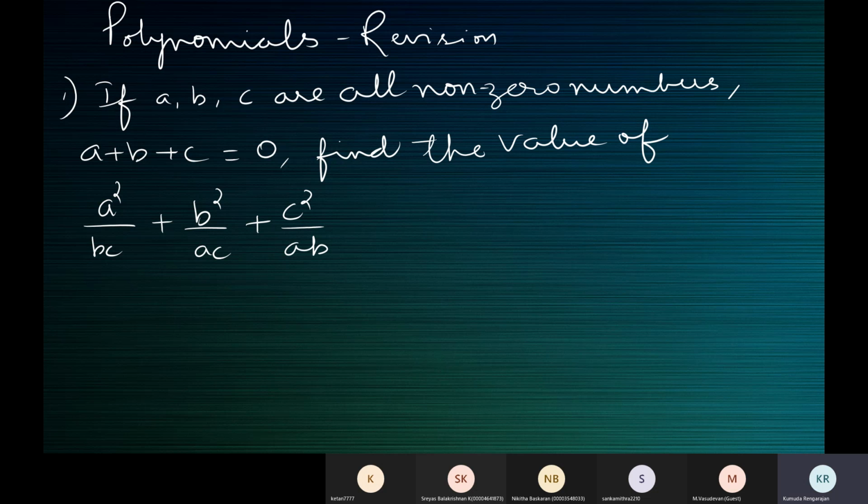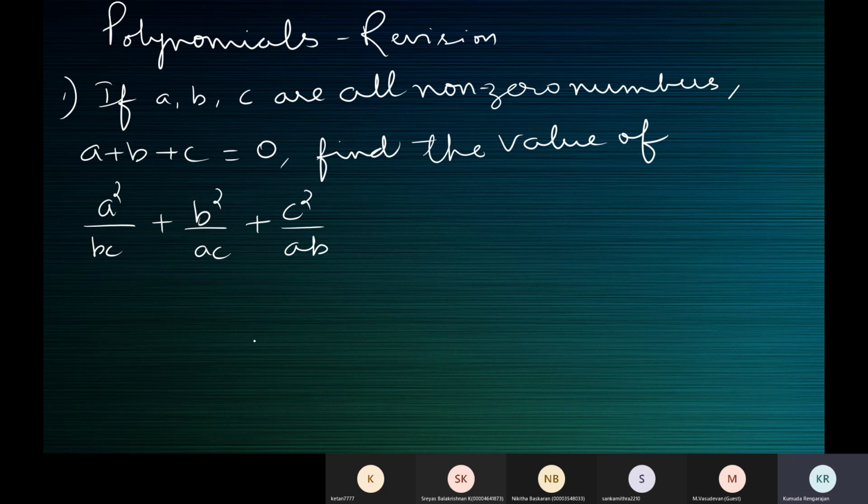The value of A plus B plus C is equal to 0. The value of A is not 0, the value of B is not 0, the value of C is not 0. But A plus B plus C is 0.